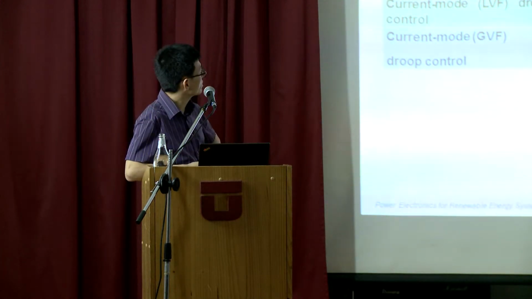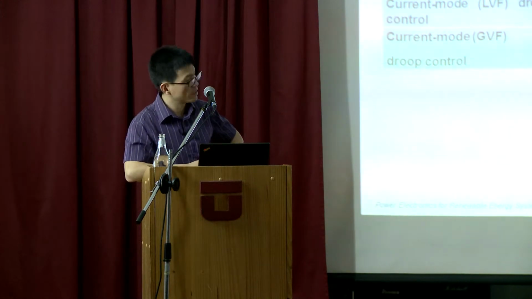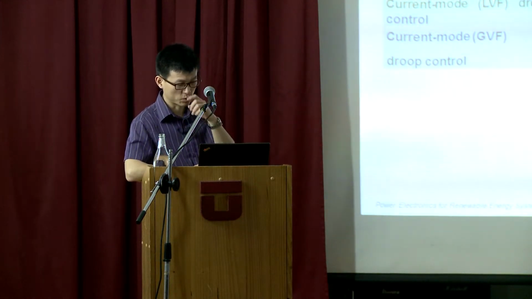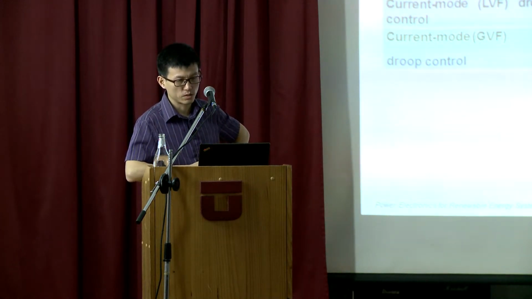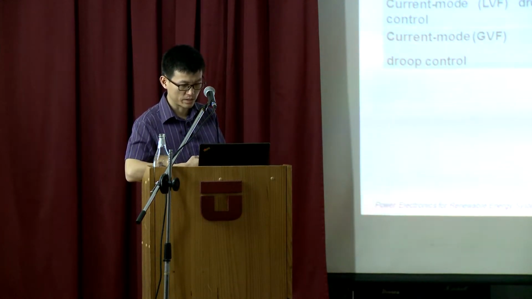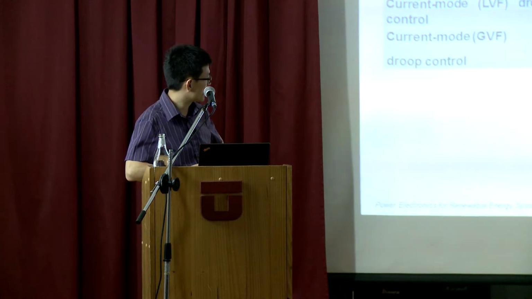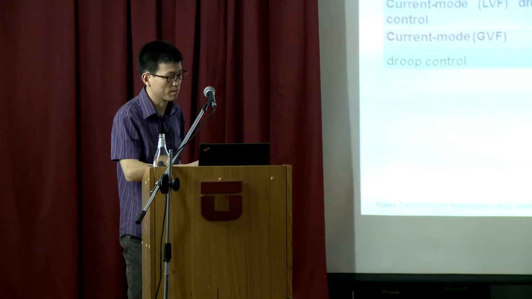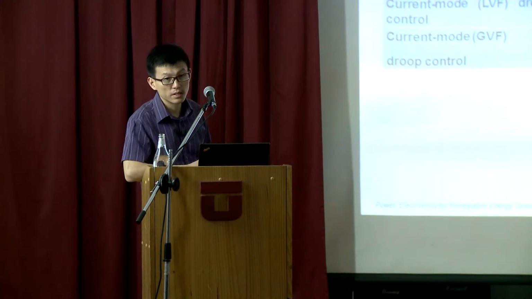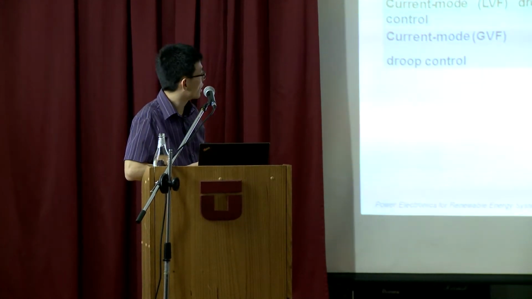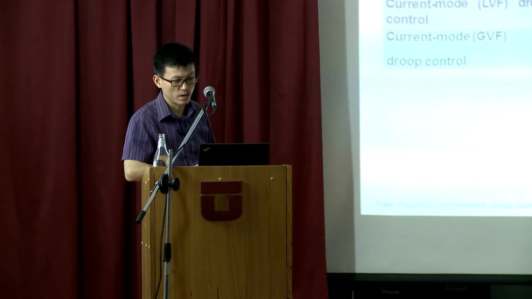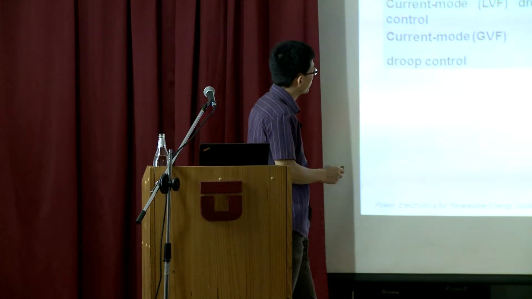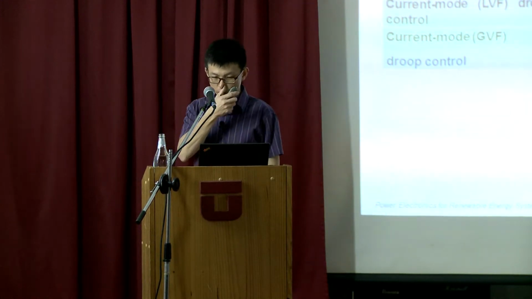Looking at the sharing accuracy, only the global voltage feedback current mode droop control has the capability of accurate load sharing, because you already consider the line impedance in your droop design. In the other two methods, the line impedance affects your power sharing.